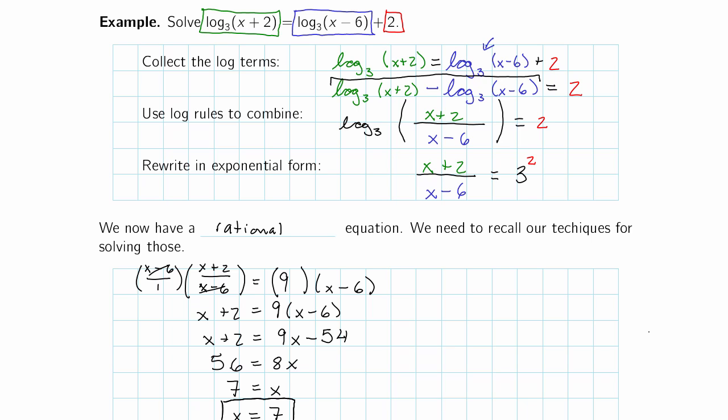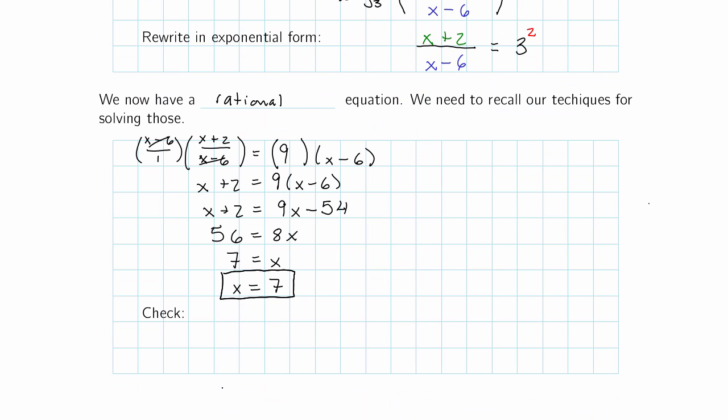Now, I've made some strange new moves in solving this equation. I would like to check that that was correct. So my original equation was log base 3 of x plus 2 equals log base 3 of x minus 6, plus 2.